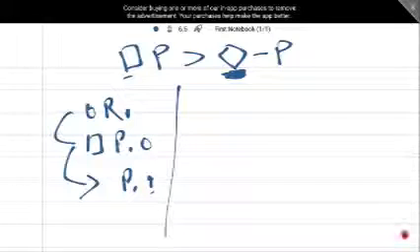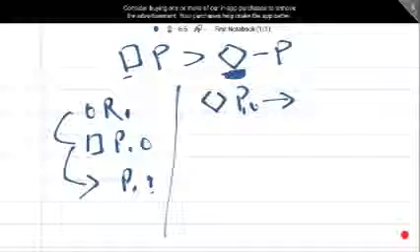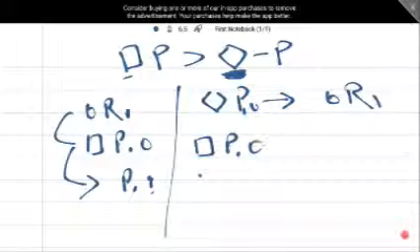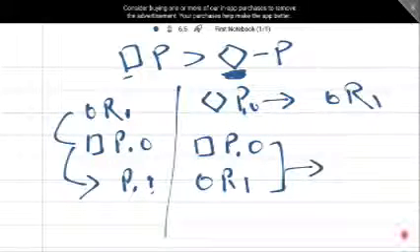So to summarize, diamond p0 can give you on itself that 0 relates to 1, and if there is a square p and there is 0 relates to 1, these two together can give you p1.